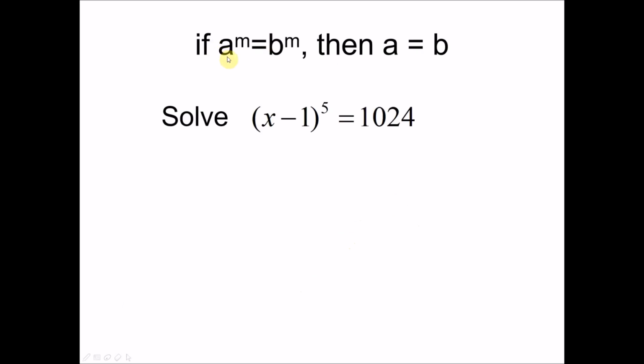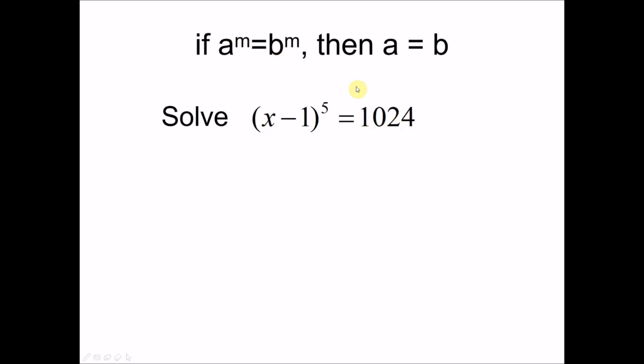Now for this part, if a to the power of m equals b to the power of m, then a equals b. When the indices are the same, the base numbers are equal. So for this case, solve (x minus 1) to the power of 5 equals 1024.